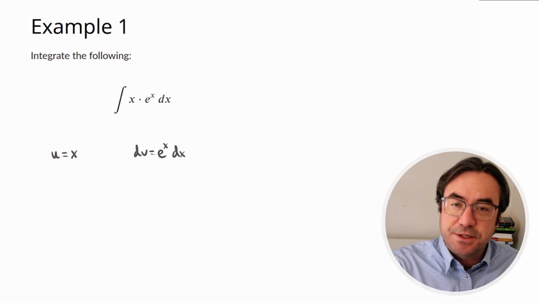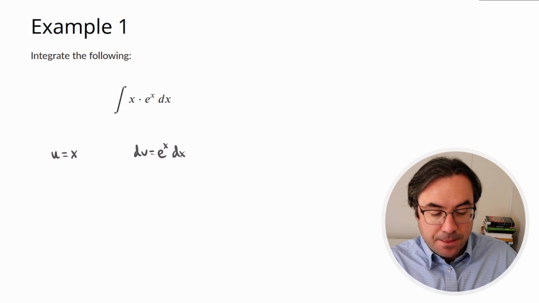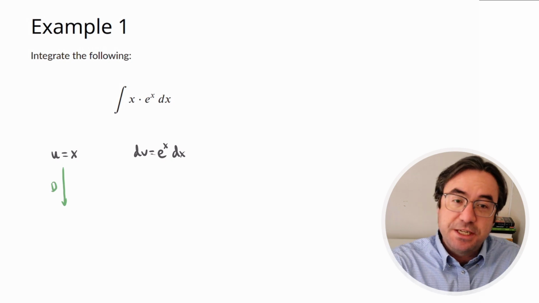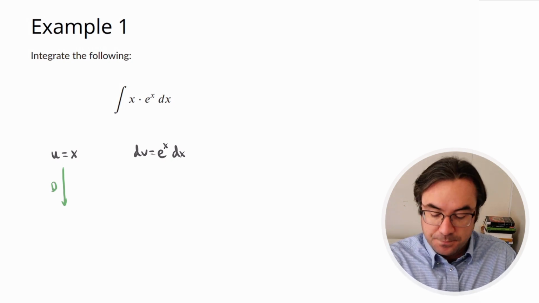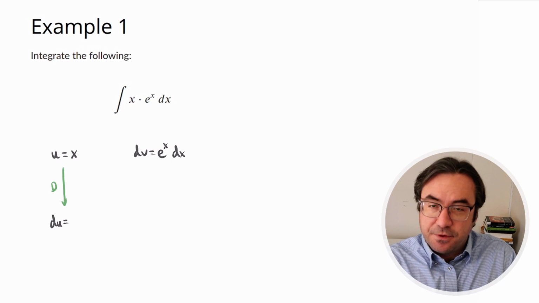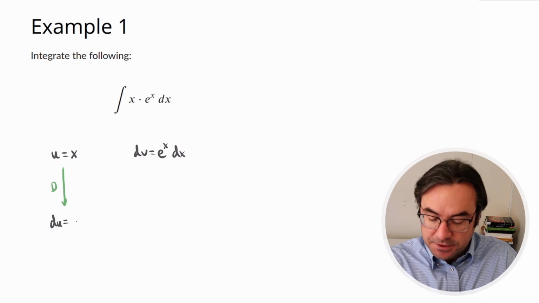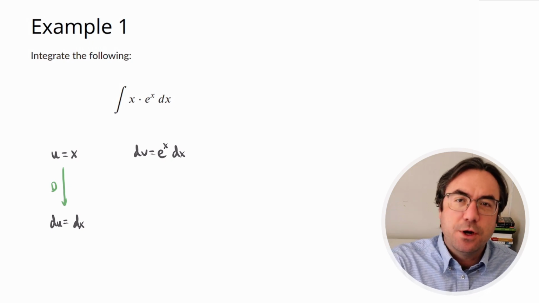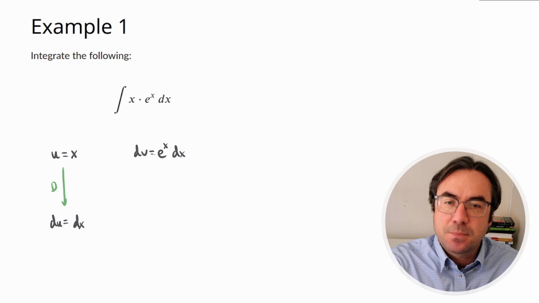We choose those two things. Then we're going to calculate the differential. So we're going to differentiate our u term. So the derivative of x is 1, and then we multiply by dx. So we get 1 times dx, which we don't normally write the 1 times.